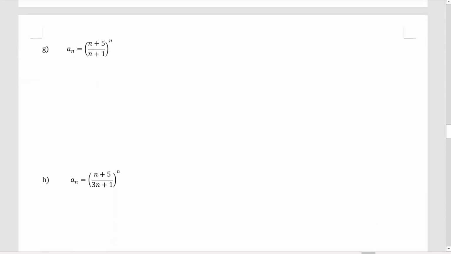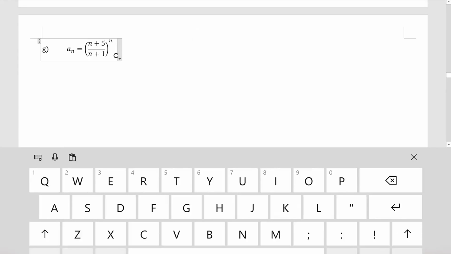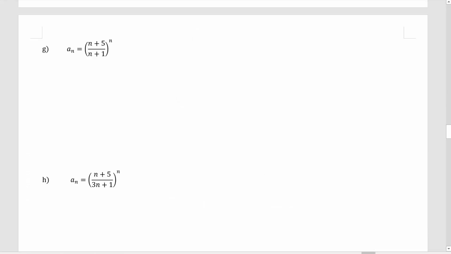Next. Okay, so part G, this is actually a hard problem of L'Hopital's rule. Let's see what happens when n goes to infinity. Inside the parentheses, when n goes to infinity, we look at the dominant term.